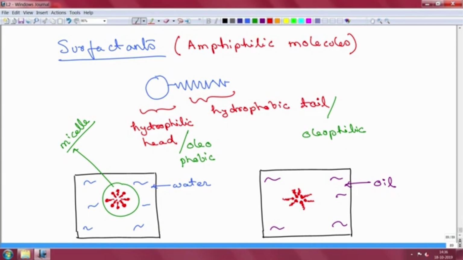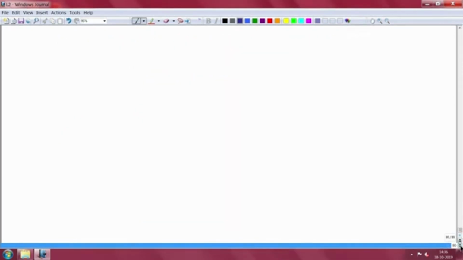So, this arrangement just reverses, and this is also called an inverse micelle. So, this is how they can dissolve in the oil phase.